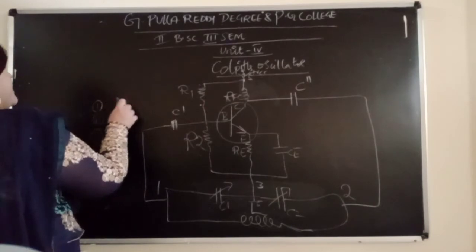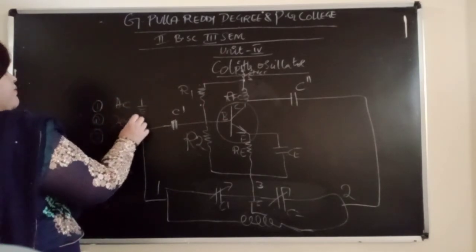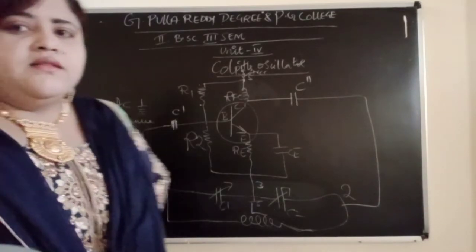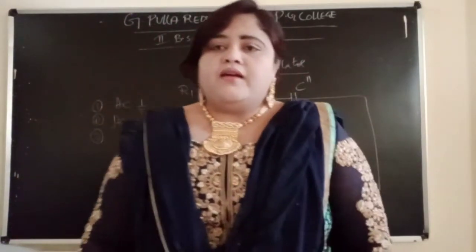It will not allow the circuit to become degenerative. Degenerative means what? Oscillator means positive feedback, but an amplifier means negative feedback. So it will not allow the oscillator to become negative feedback, that is degenerative.